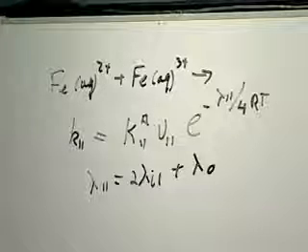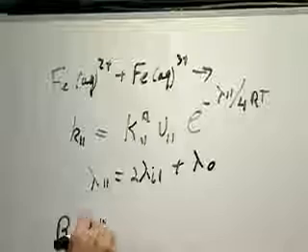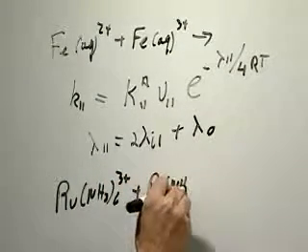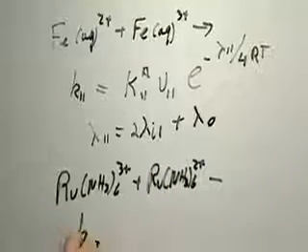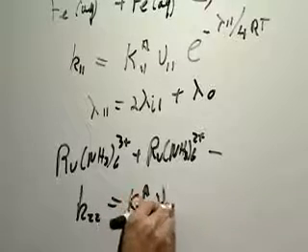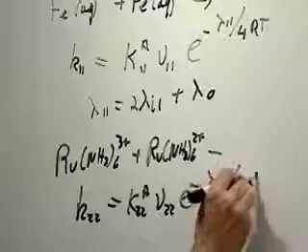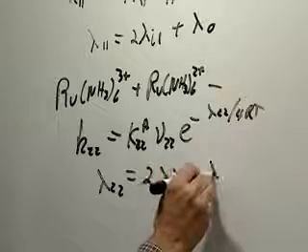And now I take the other reaction, the ruthenium one. I call this K22, equal to the association constant and nu 22 times e to the minus lambda 2,2 over 4RT. Lambda 2,2 equals 2 lambda I2 plus lambda 0.